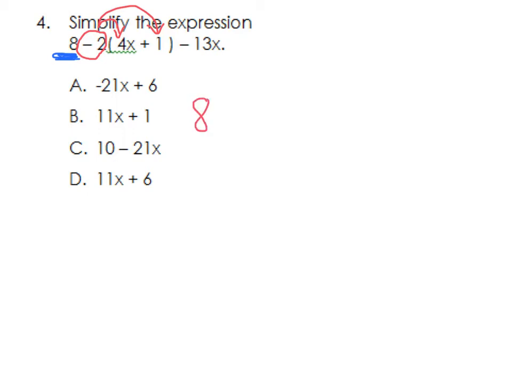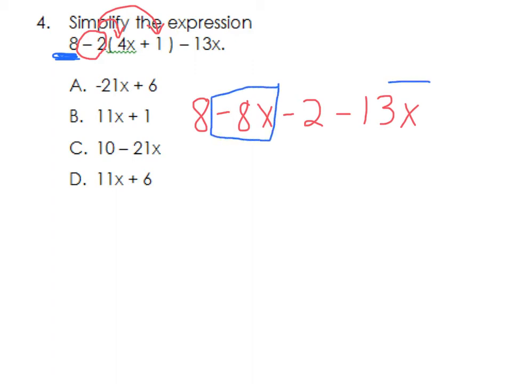And then we do negative 2 times 4x is negative 8x. And negative 2 times 1 is negative 2. And then we bring down the minus 13x. So now that we have everything distributed, I can go about combining my like terms. So I'm going to go ahead and box up my x terms, including the sign in front of them.